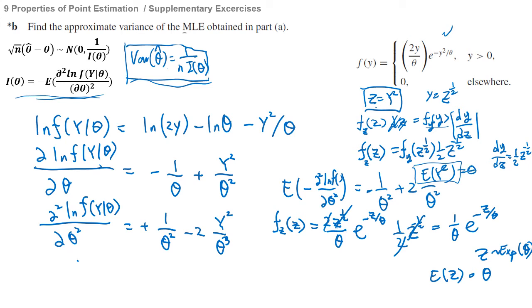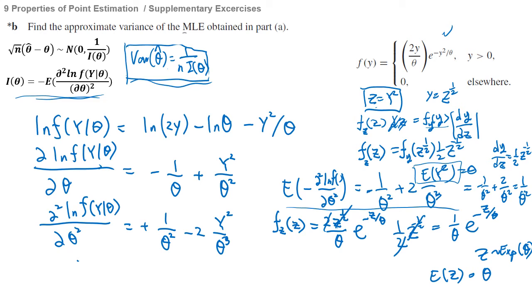In this expression, this one becomes minus 1 over theta squared plus 2 over theta squared, which is 1 over theta squared.